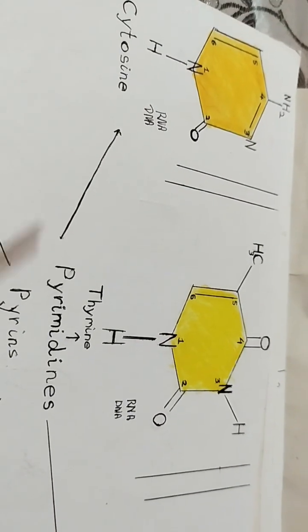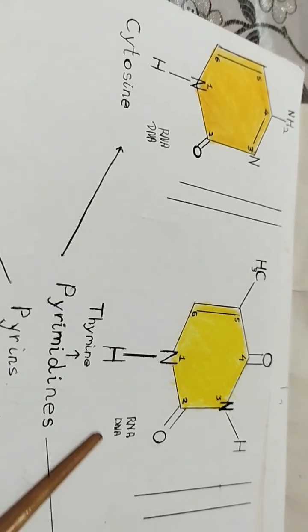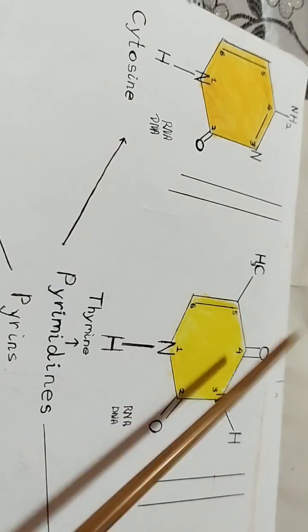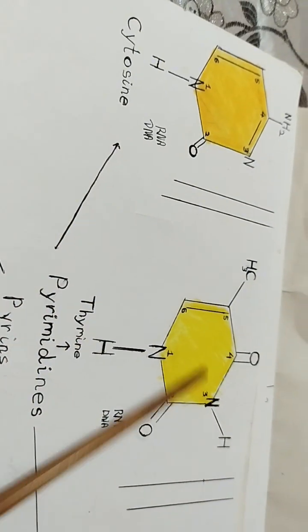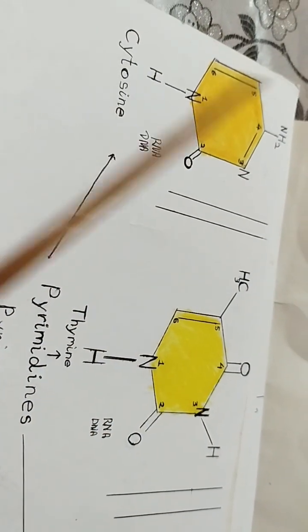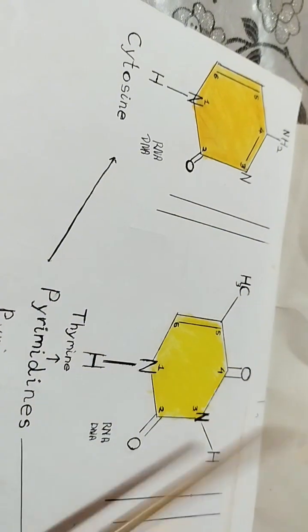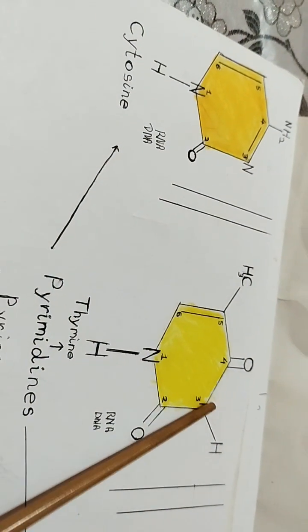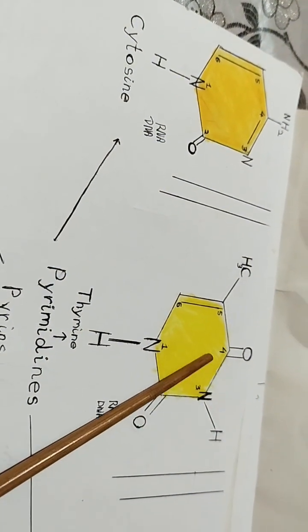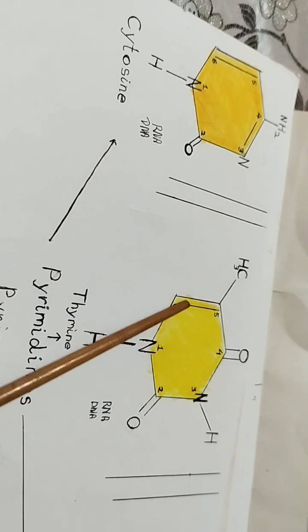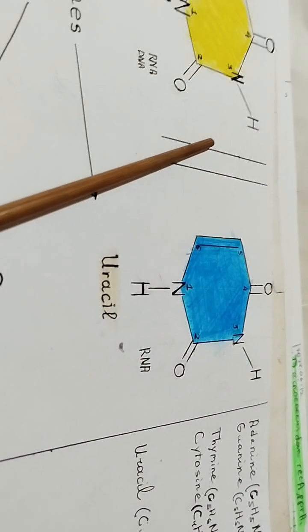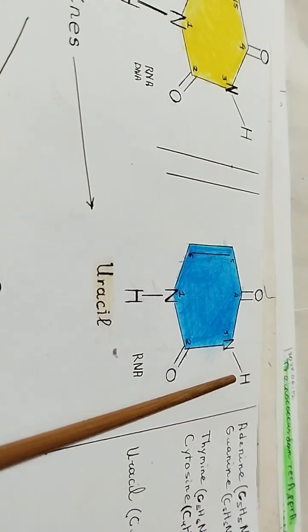If you look at cytosine and thymine, we can see the difference between these nucleic acids. Cytosine has an NH group and thymine has an oxygen on the fourth carbon. And uracil has an oxygen.